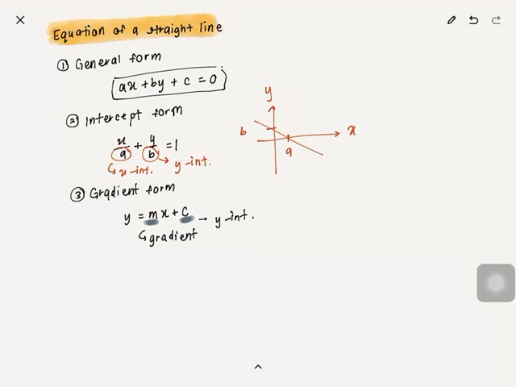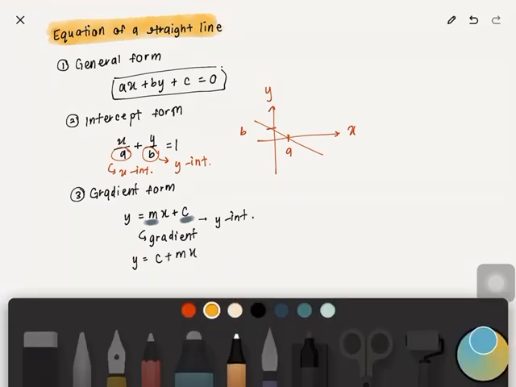It can be in various forms, like let's say x is at the back, it is still the gradient. So let's say we have y equals c plus mx. This is still the gradient, nothing has changed. As long as there's an x, the number in front of it will be the gradient.